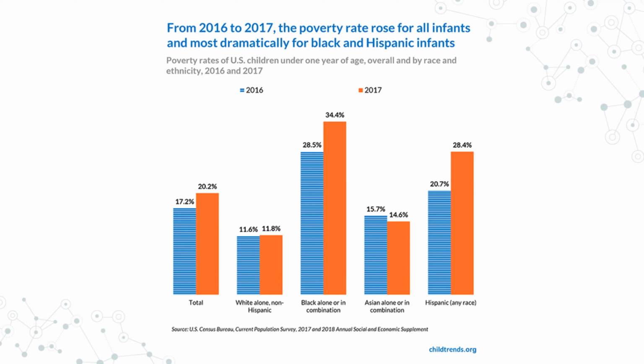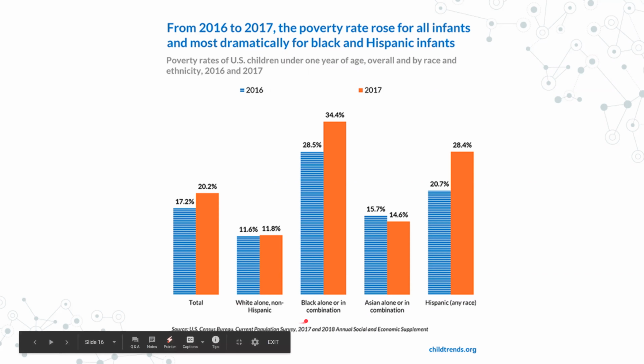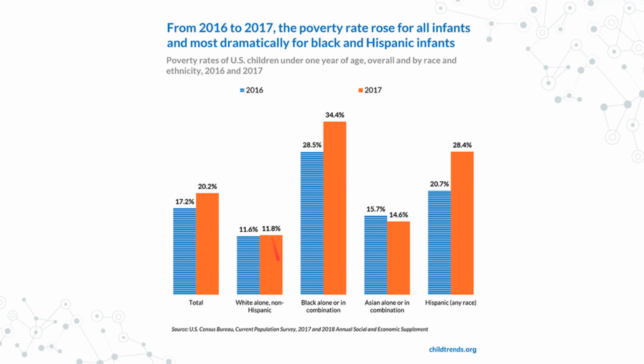So don't be convinced that this explains everything, but recognize that yes, there are inequities, and those inequities are growing, it looks like, right? So 2016 to 2017, the poverty rate rose for all infants, but it rose even higher than everyone else for Black infants.